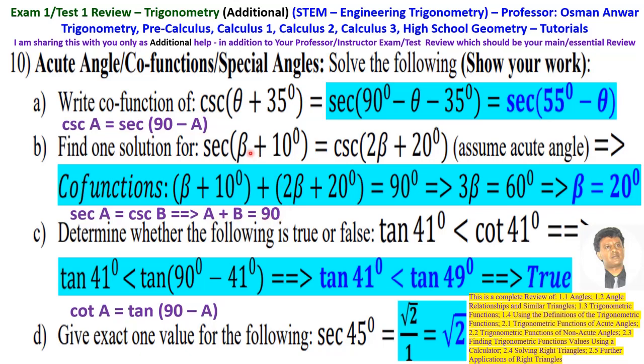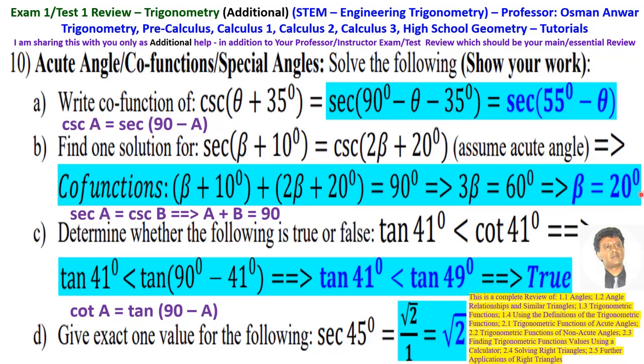So if beta plus 10 is A and 2 beta plus 20 is B, then A plus B equals 90, meaning beta plus 10 plus 2 beta plus 20 is equal to 90. So that is 3 beta plus 30 equals 90. That is 3 beta equals 90 minus 30, which is 60.